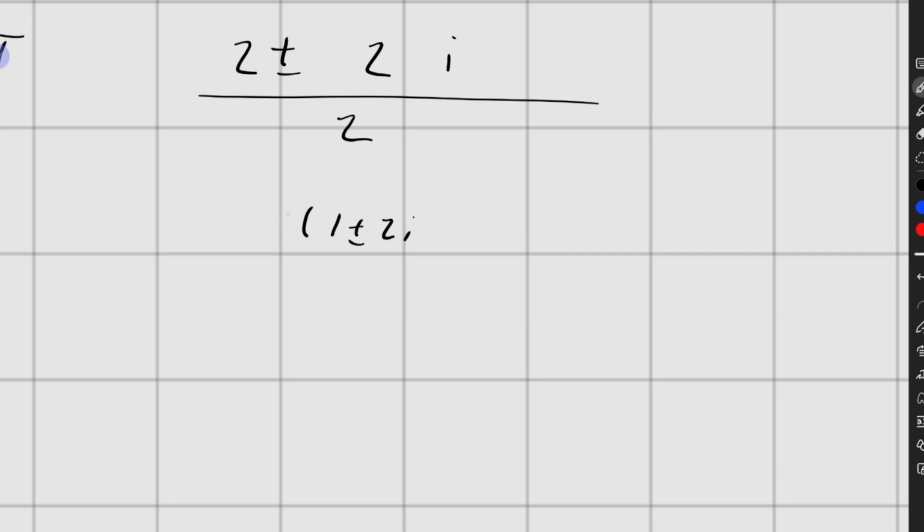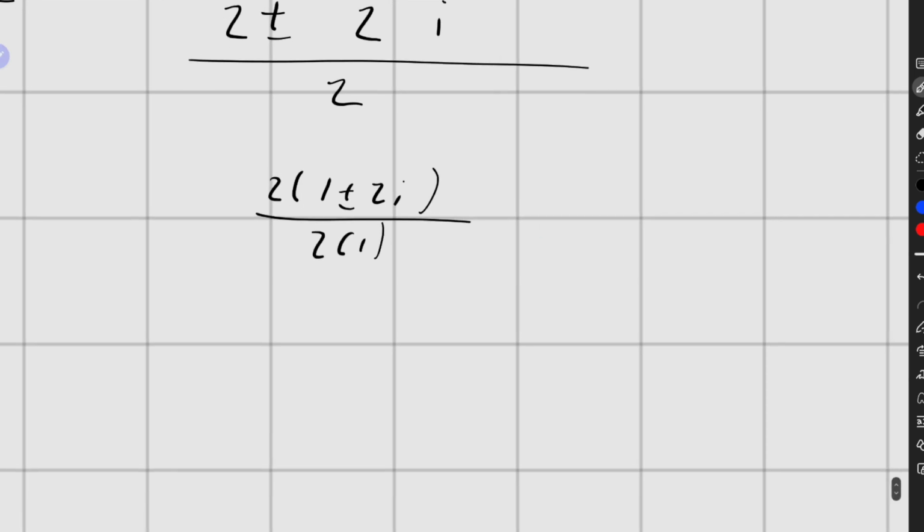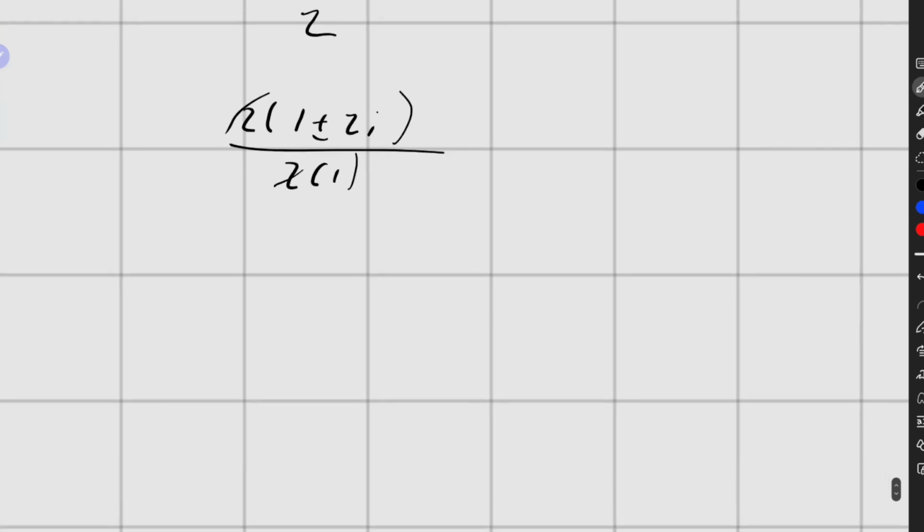So, we'll divide it by 2, as before. Alright, so the 2's will cancel, and when you have something over 1, you don't bother writing the 1, it's just itself. So 1 plus or minus 2i is your answer.